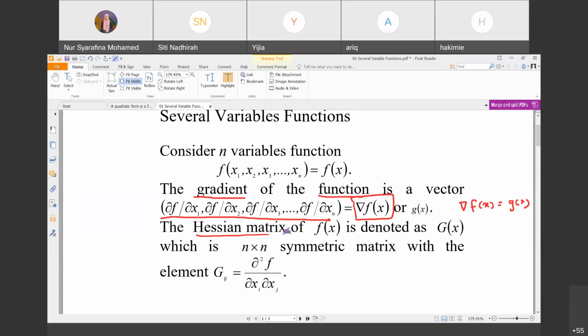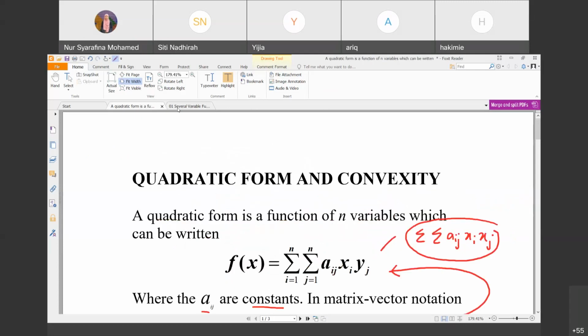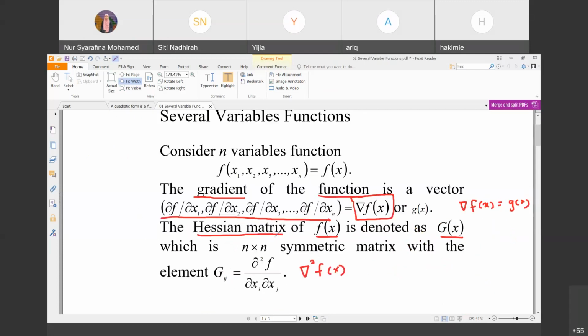The Hessian matrix of f is denoted by big G(x), which is an n by n symmetric matrix with elements Gij, the second derivatives of f(x). Before this, we had a matrix form A. Now we have a Hessian matrix, which is for functions of several variables.